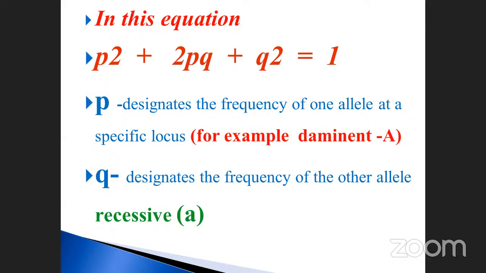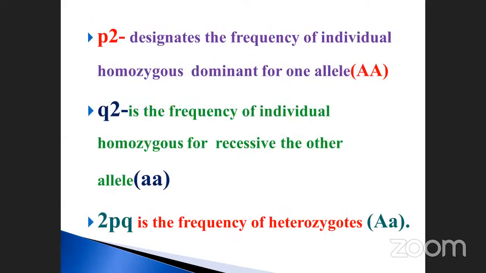So in this equation, P squared designates the frequency of individuals homozygous dominant. Already told you, homozygous means both are the same, capital A, capital A. The same alleles present in the particular locus is called homozygous. Q squared is the frequency of individuals homozygous for the recessive, the other allele, small a, small a.